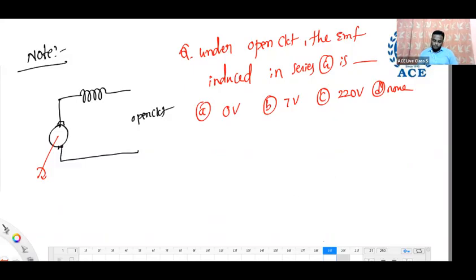Some of you said 0, some of you said 7. Okay, good. The answer for this question is 7 volts. Why? Because there is a residual flux, or not? Yes.